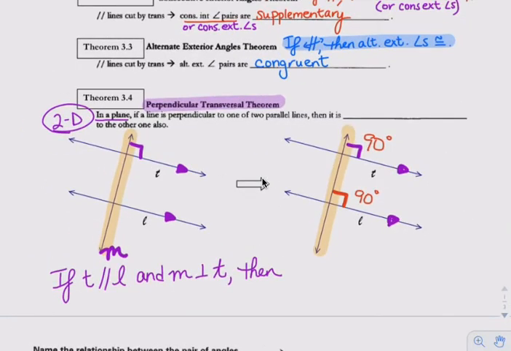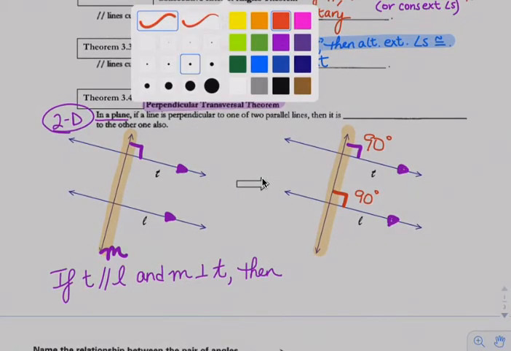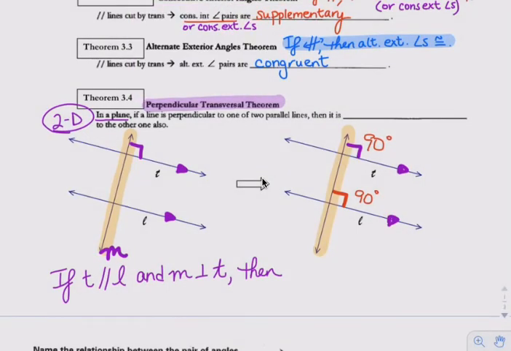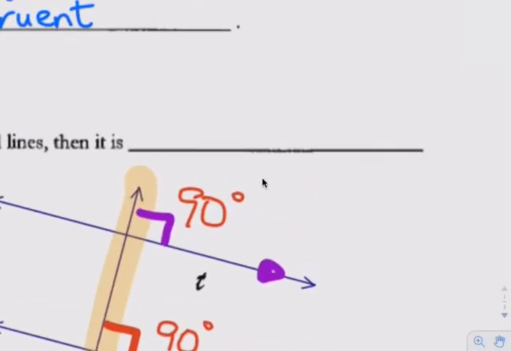So in a plane, if a line is perpendicular to one of two parallel lines, then it is perpendicular to the other one also.